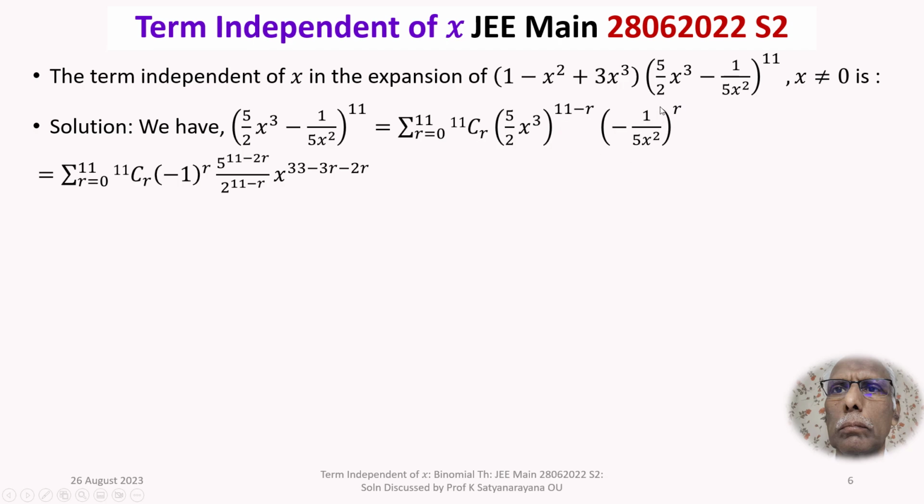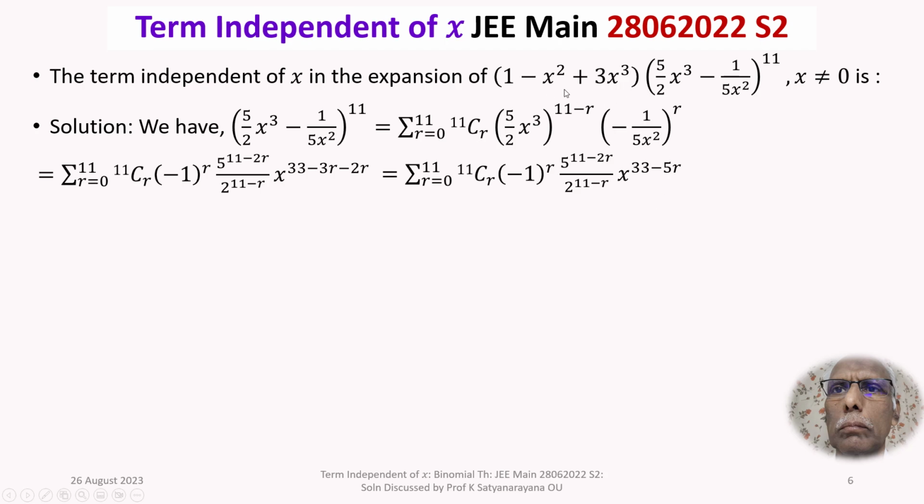From here (1/x²) to the power of r is x to the power of -2r. So 33 - 3r - 2r. Further simplification gives the exponent of x as 33 - 5r. The remaining things remain the same. That is the binomial expansion of this to the power of 11.